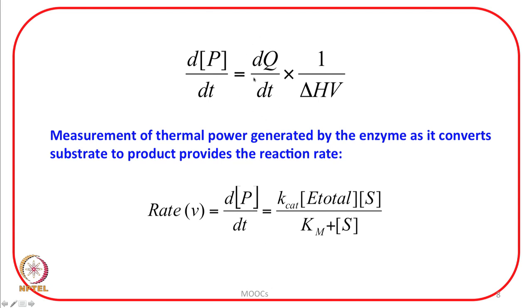If I know dq by dt, delta H and volume, I can then get the values of the rate constant and Michaelis-Menten constant.